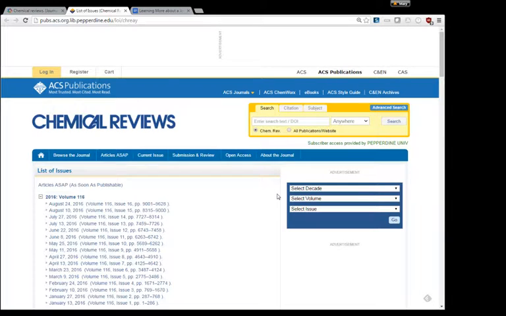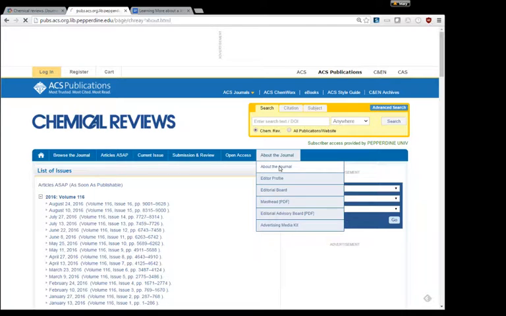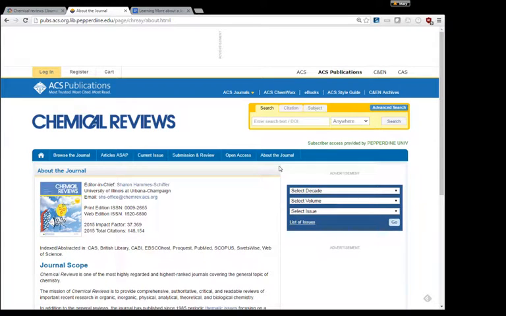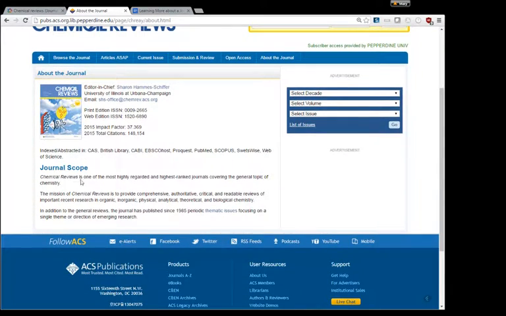Because it is also an ACS publication, I'm familiar with this, so I know I can go to the About the Journal hyperlink, see the journal scope. So it's the most highly regarded, highest ranked journal covering the general topic of chemistry. So this is a lot more broad of a journal scope than the prior one we'd seen with biochemistry. And the mission is to provide comprehensive, authoritative, critical, and readable reviews of important research in a variety of different aspects of chemistry.